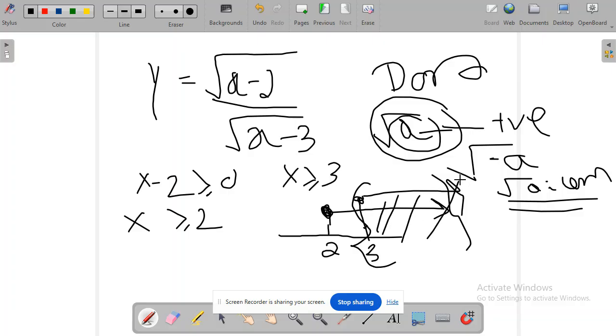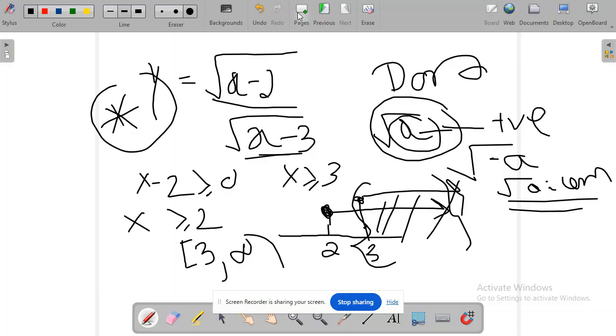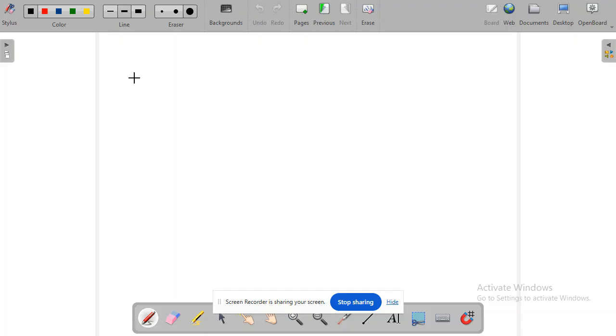Because if you take, for example, 2.5, then this part will become negative, so it becomes undefined. So its domain will be from 3 to infinity. It's a good problem to discuss. So now let us discuss some more problems.